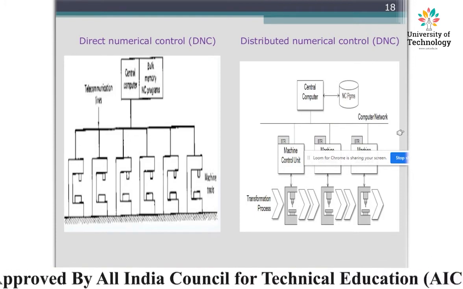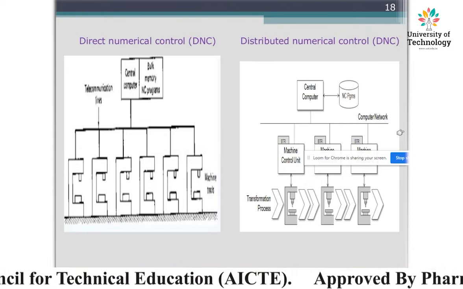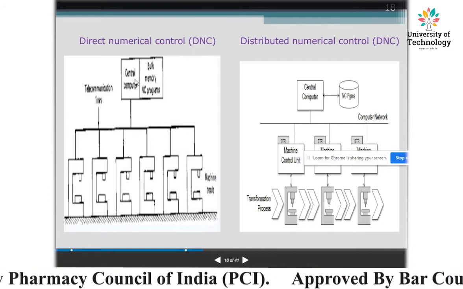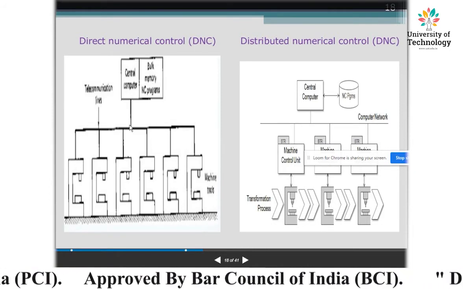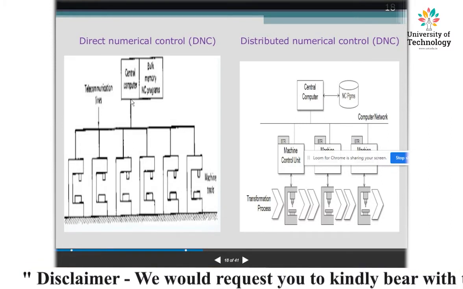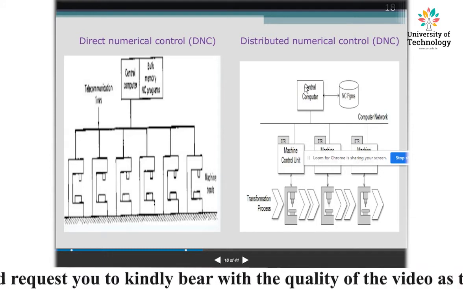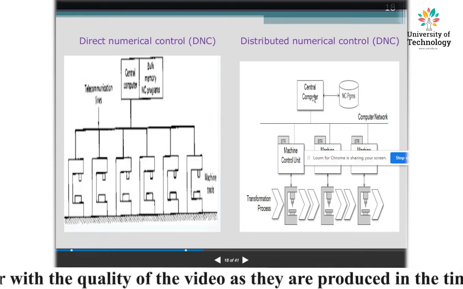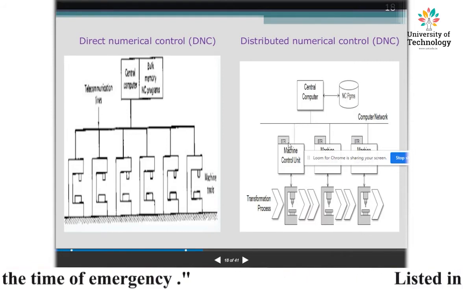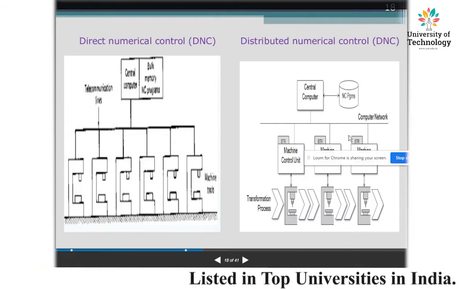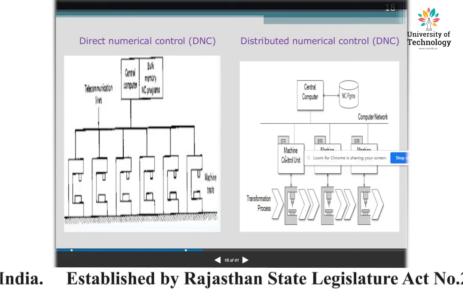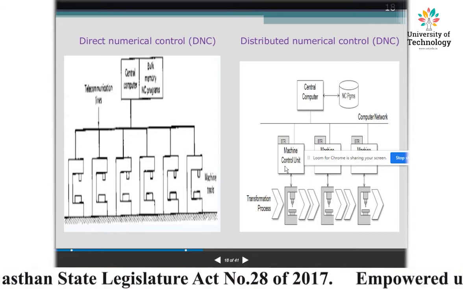Here is a block diagram of direct numerical control and distributed numerical control systems. We can see clearly that there is a central computer and all machine tools are connected directly to the central computer. In a distributed numerical control system, there is a central computer that stores programs, and all the MCUs, the machine control units of the CNC machines, are connected to the central computer, and the individual machines are connected to a particular machine control unit.